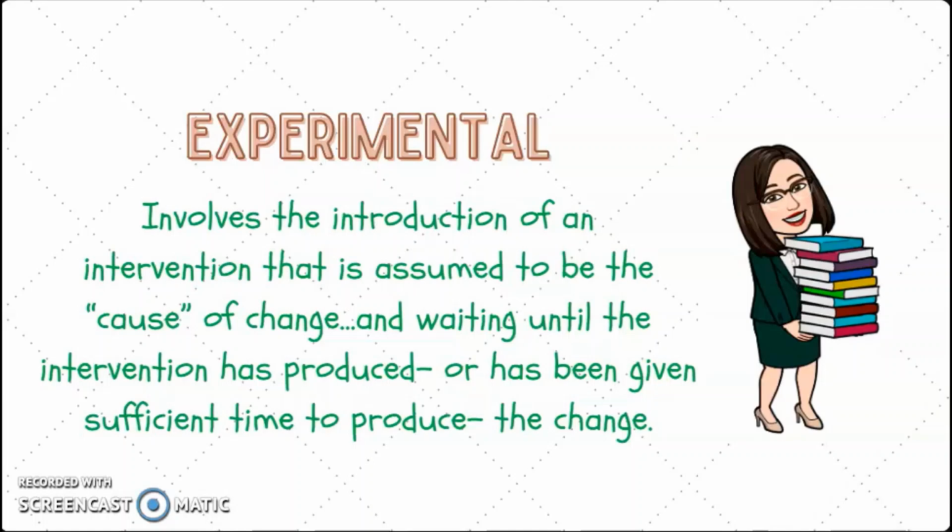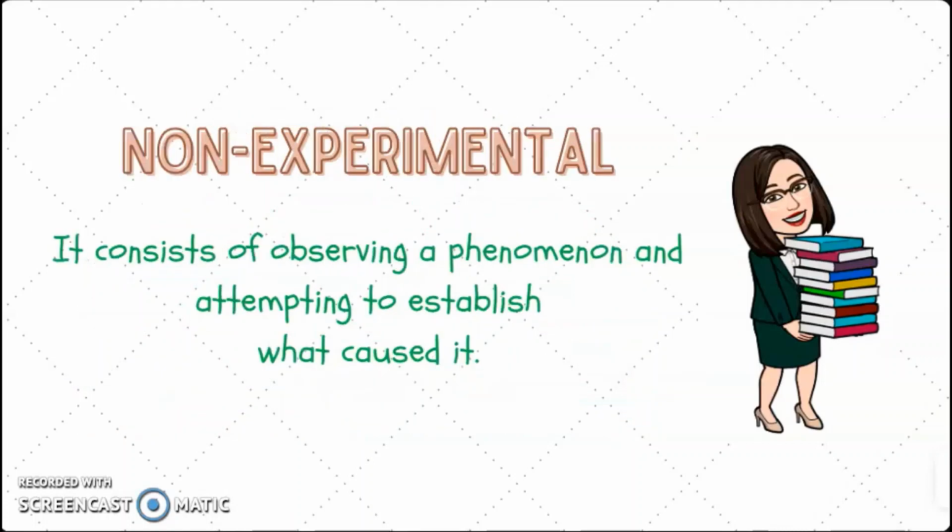So that is experimental. Meanwhile, non-experimental consists of observing a phenomenon and attempting to establish what caused it, meaning there is no intervention at all. The independent variable cannot be observed, introduced, controlled, or manipulated, as the assumed cause has already occurred.